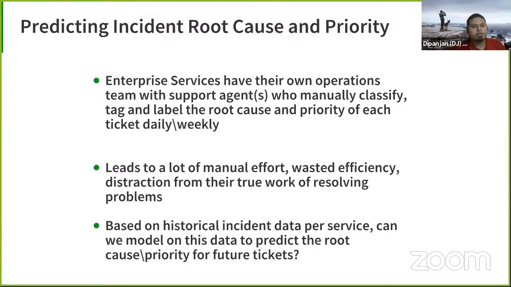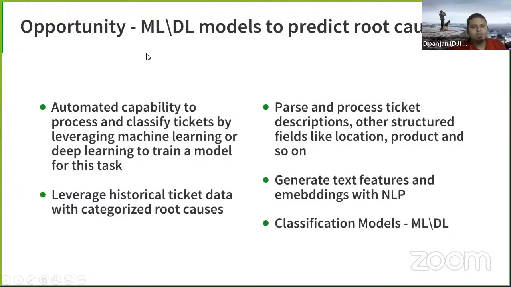This is where we can look at the historical incident data. So let's say we look at the past 2 years worth of label data, and can we build a classification model which can predict this root cause for future tickets? So this is the opportunity of natural language processing and these machine learning or deep learning models to predict the root cause.